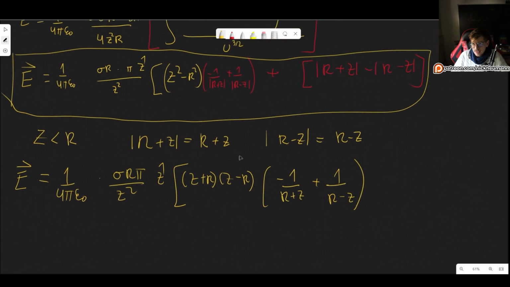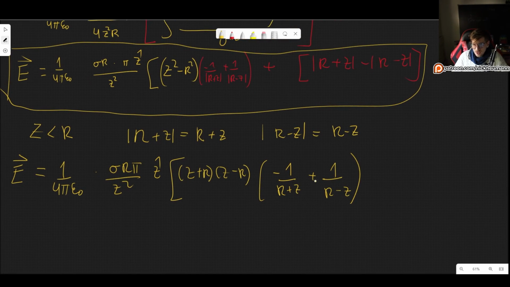Okay, now do be careful, because here we have r minus z and here we have z minus r. So it's not the same. We need to put a minus sign in front so that we get z minus r there. So z minus r. Now we can multiply through. And when we multiply the first term, this and this cancel out, and we end up with minus z plus r.